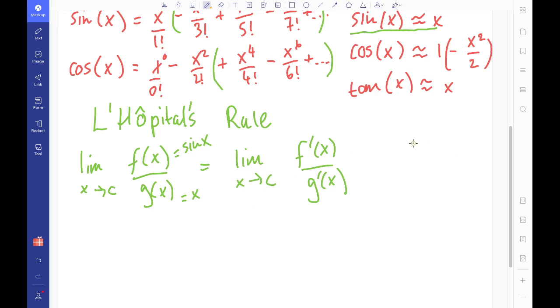Differentiating sine x, I get cos x, and differentiating x, I just get 1. If I evaluate this at x equals 0, cos x is 1 when x equals 0, so I get 1 over 1, which is 1. So it does work.